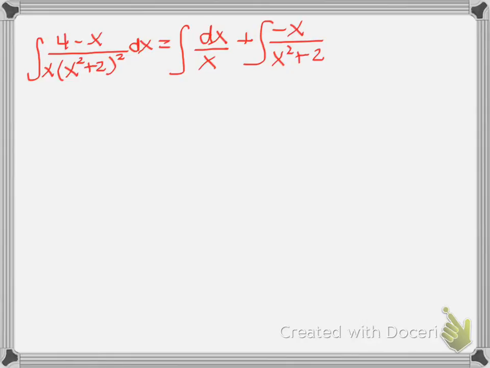This was the bx plus c, but remember c was 0, so that's why we have that. And then plus the integral of negative 2x minus 1 all over x squared plus 2 squared dx.